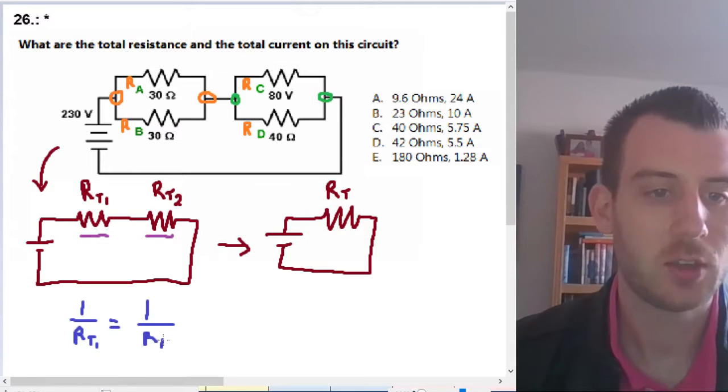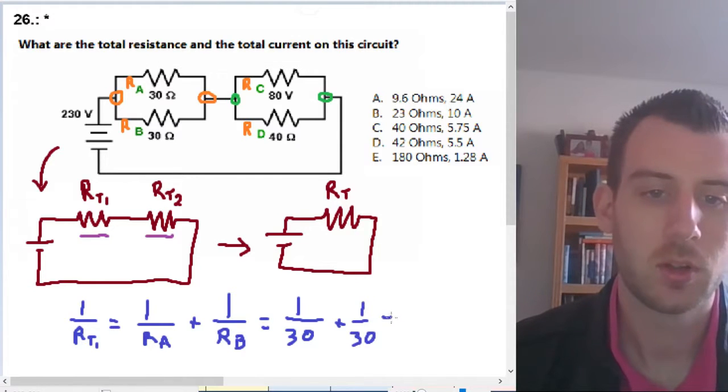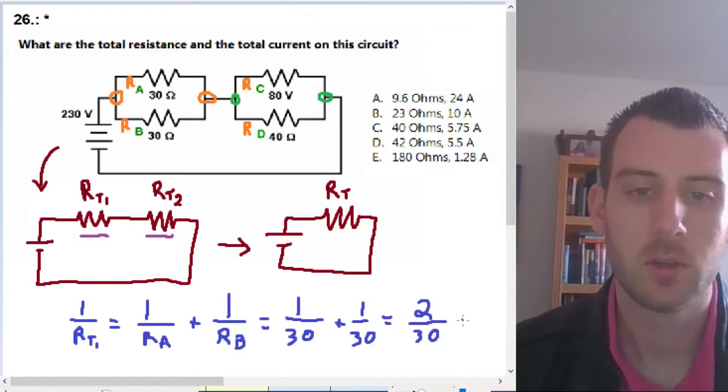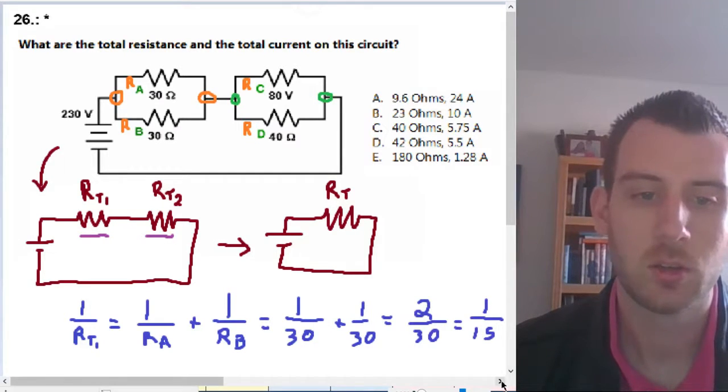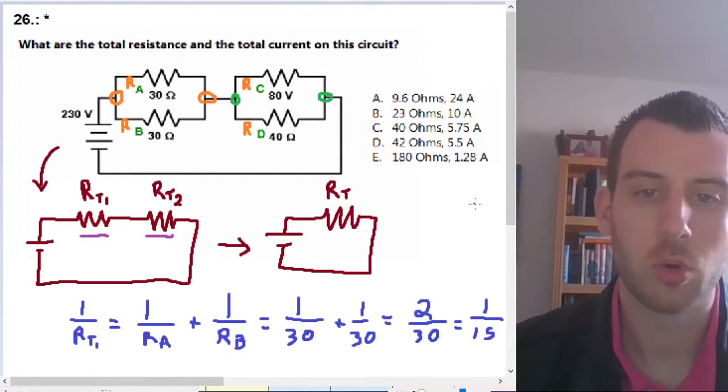So we've got resistor A and then plus 1 over resistor B. I can rewrite that with the numbers it gives me: 1 over 30 plus 1 over 30. That equals 2 over 30, right? It's already a common denominator. And I can simplify that by dividing the top and the bottom by 2, which would get me 1 over 15. So that is what is equal to 1 over R total 1.